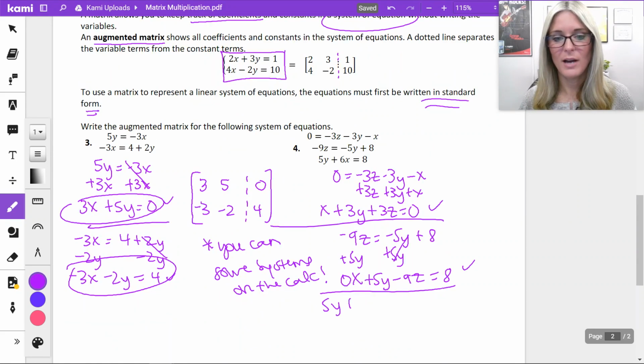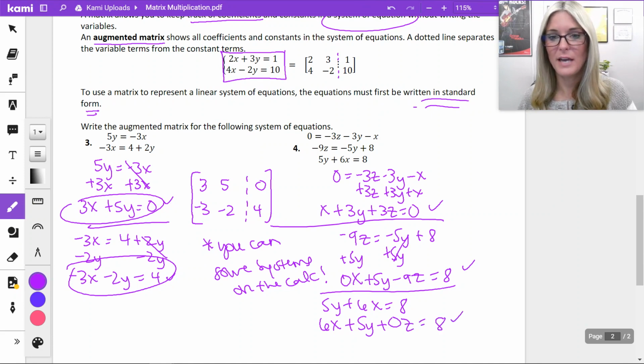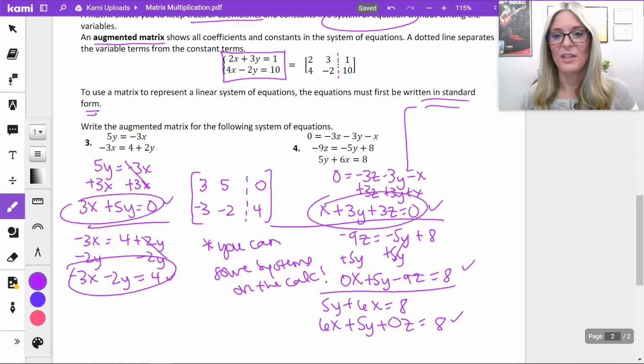And last one, 5y plus 6x equals 8. I'm just going to rearrange it. And again, we don't have a z, so I'm going to put in a 0 placeholder. So 6x plus 5y plus 0z equals 8 is our standard form. So let's build that matrix. We're going to list our x, y, z, and then our dashed line with our constant.